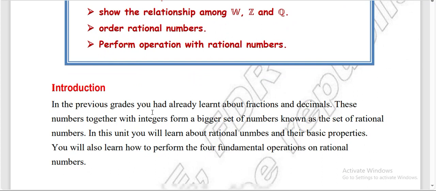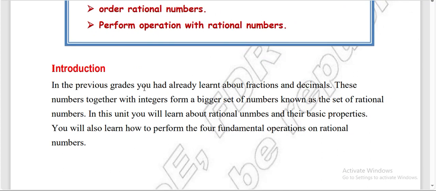As an introduction, in the previous grades you had already learned about fractions and decimal numbers in grade 5 and grade 6. These numbers together with integers form a bigger set of numbers known as the set of rational numbers.